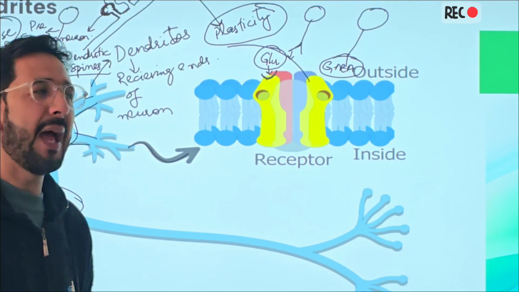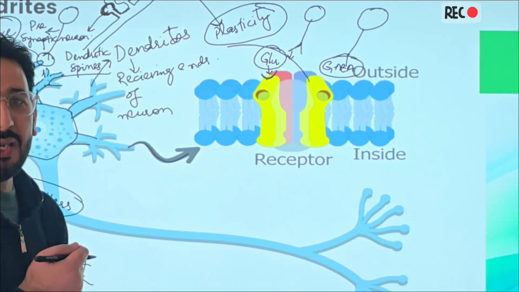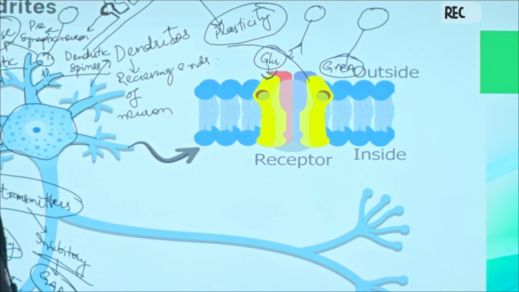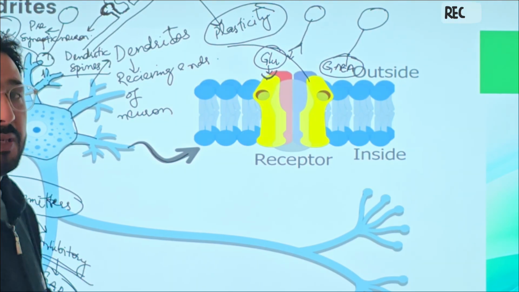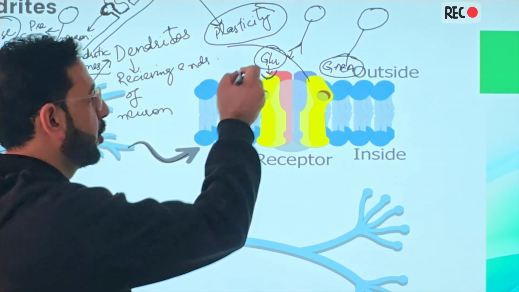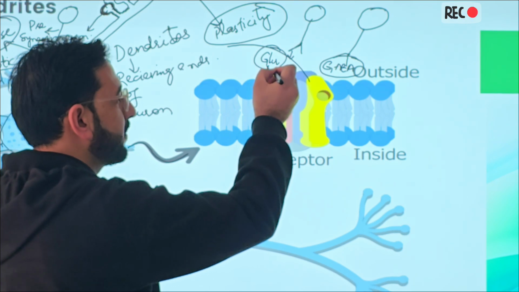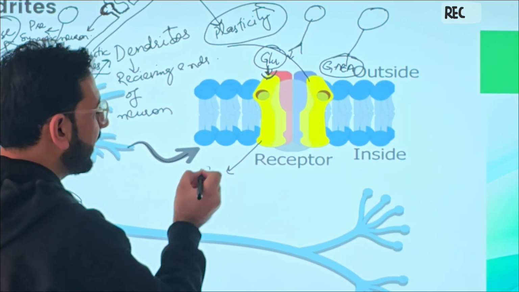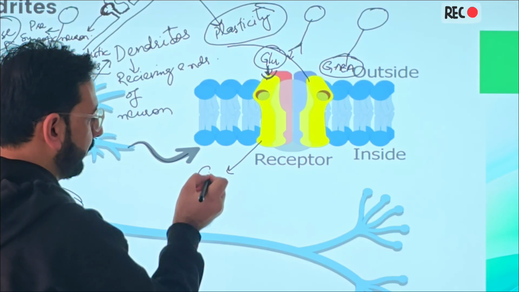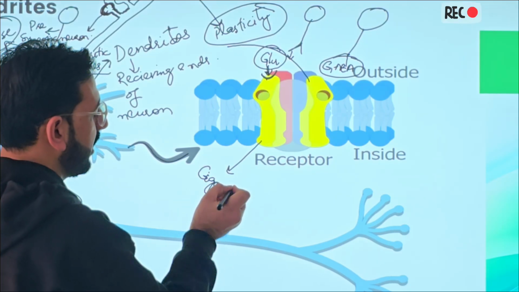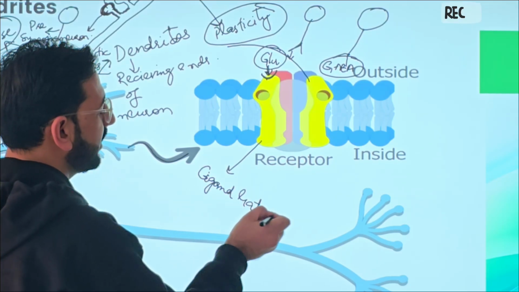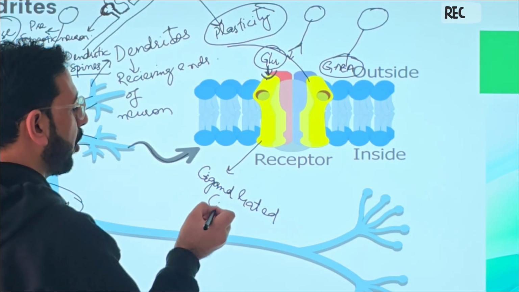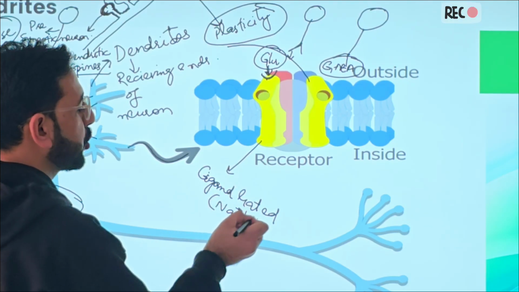In this case, the ligand is glutamate. That means it will be opened only because of the ligand. So glutamate will bind on the receptor and open the ligand gated cation channel, for example, most importantly, the ligand gated sodium channel.